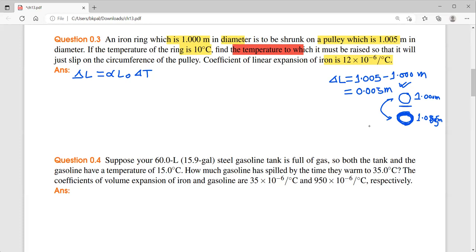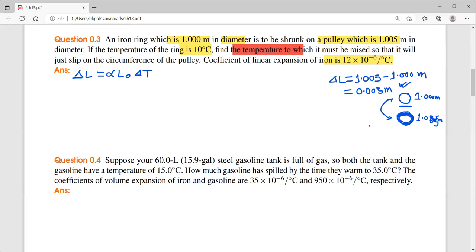So to increase the diameter of this ring by this amount, 0.05 meter, what temperature do we need?